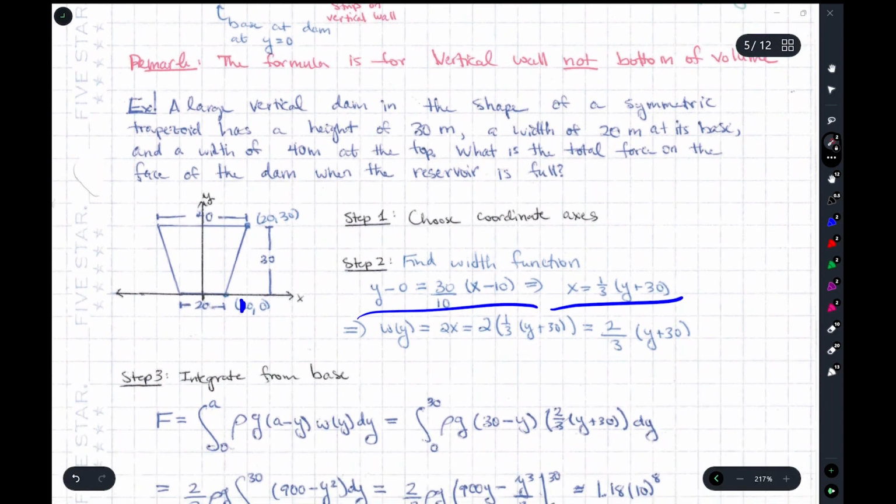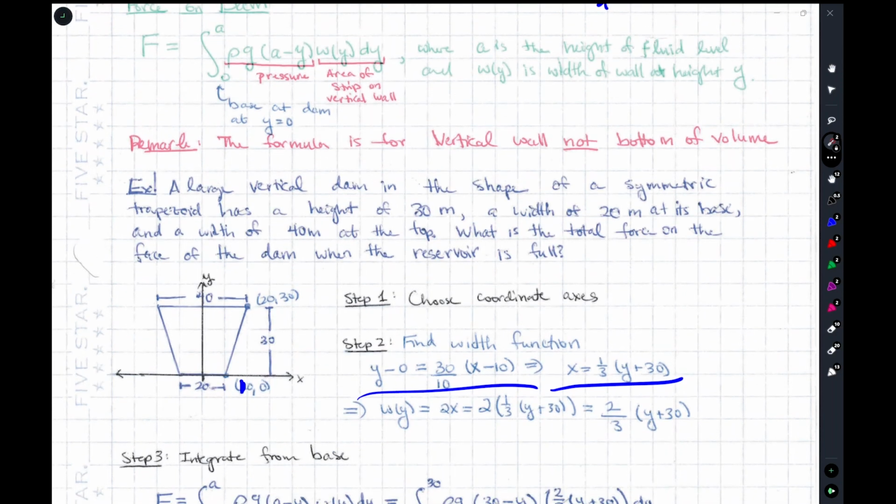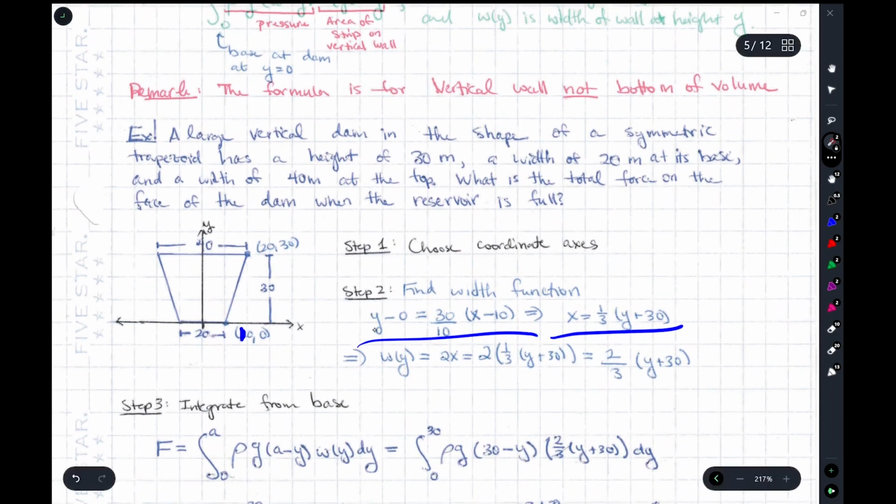And now we carry out the integration from 0 to the height of the fluid. The height of the fluid is going to be 30, y equals 30. And this a minus y is indeed consistent with integrating to 30, because if this is some arbitrary y, then this is 30 minus y.